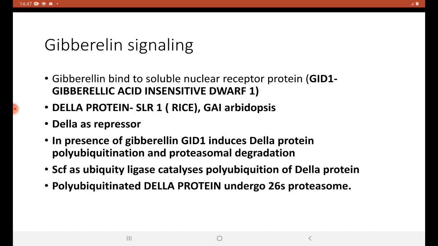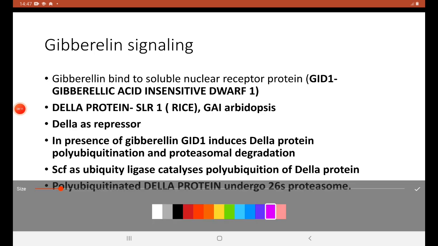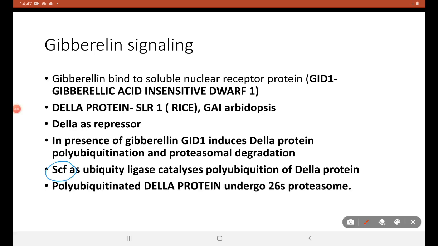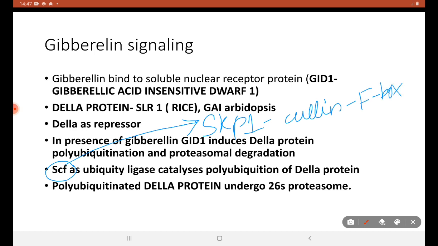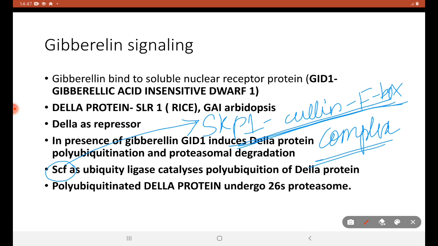What is SCF? SCF is the SKP1 cullin F-box protein complex. We will study the F-box complex in the case of auxin.